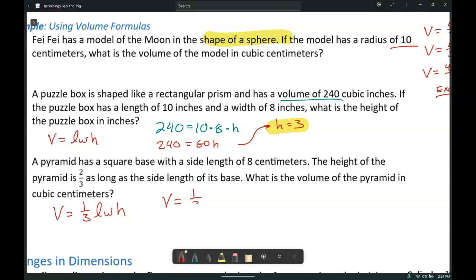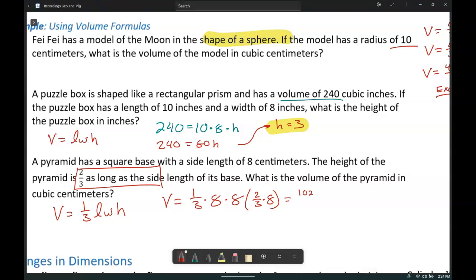So the volume will equal 1/3 times the length, which is given as 8 centimeters. And since it's a pyramid, the width is the same. And then we're told that the height of the pyramid is 2/3 as long as the side. So that means it's going to be 2/3 times the side, which is 8. And then we can just evaluate that as a fraction.